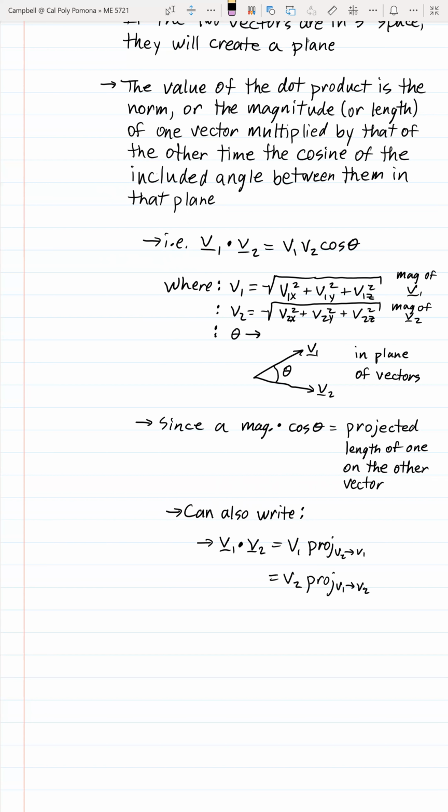And of course, this becomes very useful if we just want to figure out what the component of a vector is, because then we can select one of the two vectors to be a unit vector. And then we can start using this to figure out what the components of a particular vector are in a specific coordinate system described by those unit vectors.